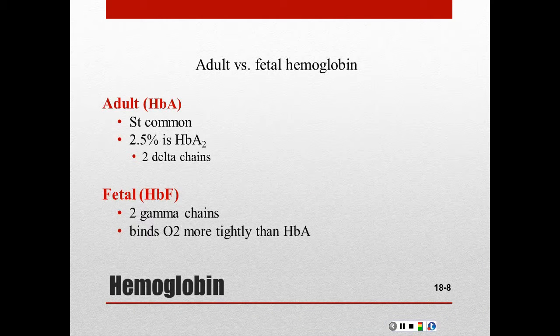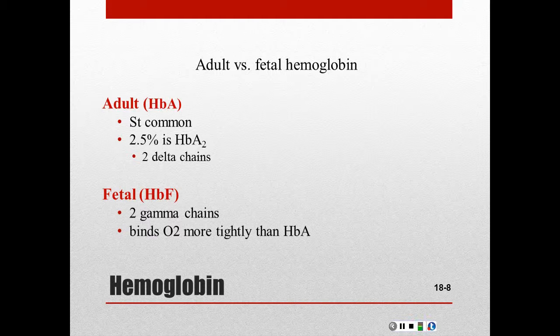Now, the hemoglobin exists in several forms with slight differences in the globin chain. We have adult, which is HbA, and we have fetal, HbF. The adult hemoglobin is the most common, but about 2.5% of an adult's hemoglobin is HbA2, which has 2 delta chains in place of the beta chains.